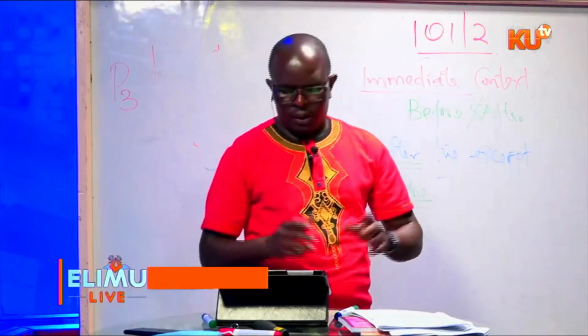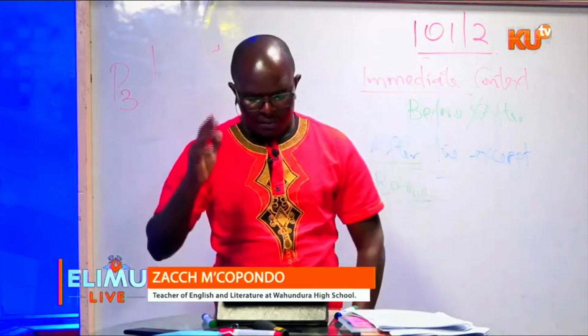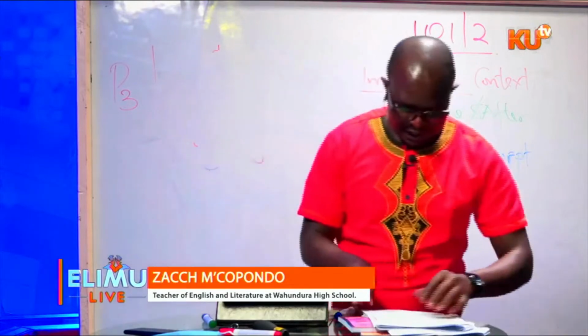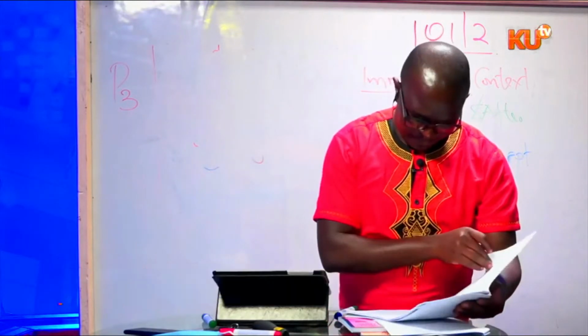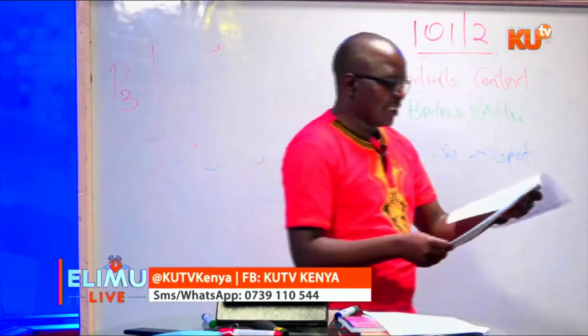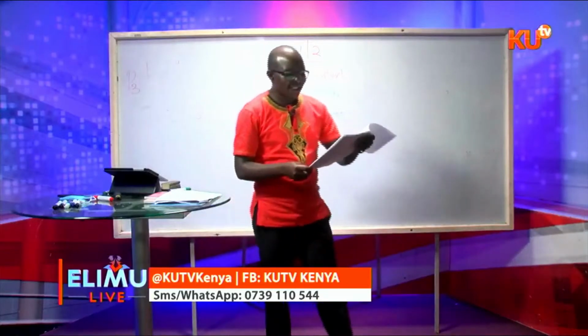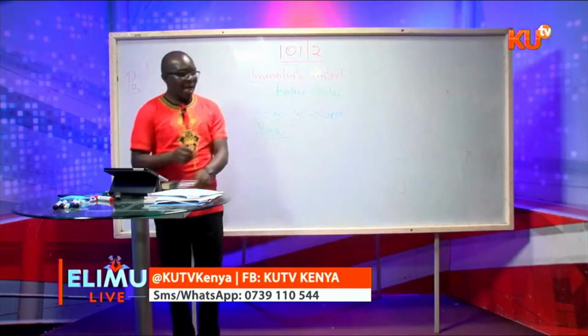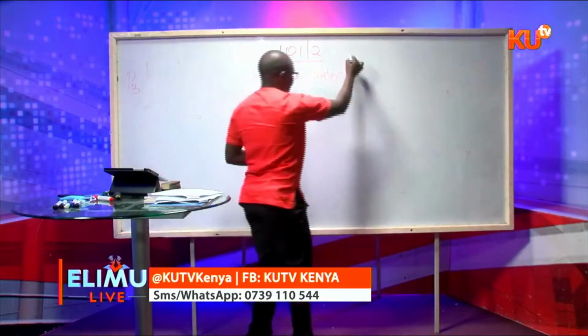Number two, on the extract, the questions may be something on the styles. Identify the style that is there. KCSE 2019 was asking: identify and illustrate two stylistic devices used in this excerpt. What you need to do is identify the style.